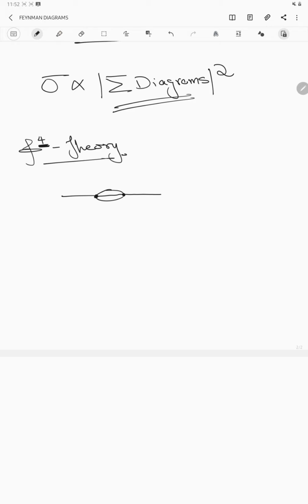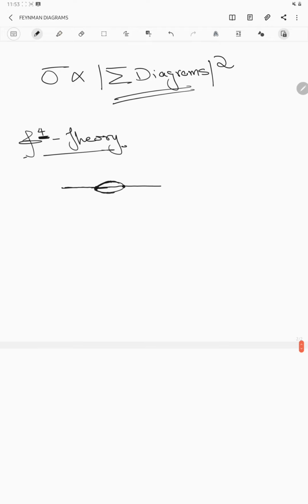We have 2 of these vertices, and for a phi-4 theory you should have 4 lines coming out of each vertex, and you can clearly see 4 lines coming out of each vertex. I will elaborate on this later, because these vertices and lines are very important for Feynman diagrams. This one is for a phi-4 scalar field theory.